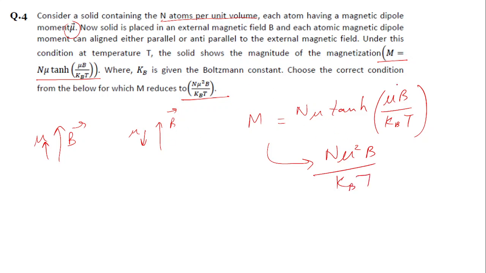I hope the question is clear. The magnetization is given by this, and out of those 4 options, under which condition will the magnetization reduce from this to this?